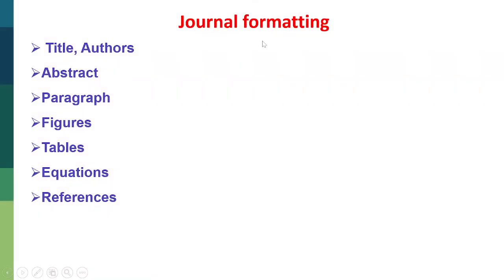And if you are writing a journal, these are all the important things we are going to cover, which means we are going to have title and author names, and surely we'll have an abstract for the journal formatting, as well as paragraphs, and some figures and tables. And since you are in the mathematics department, the most important thing is you'll have plenty of equations available in your scientific journals. We'll discuss that also. And finally, you're going to add some references.